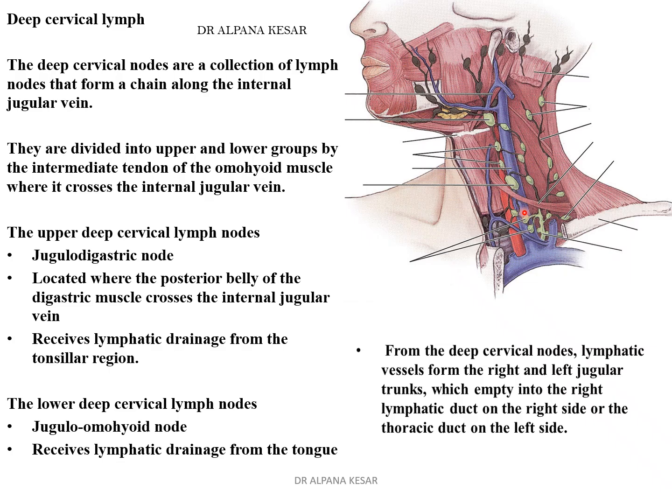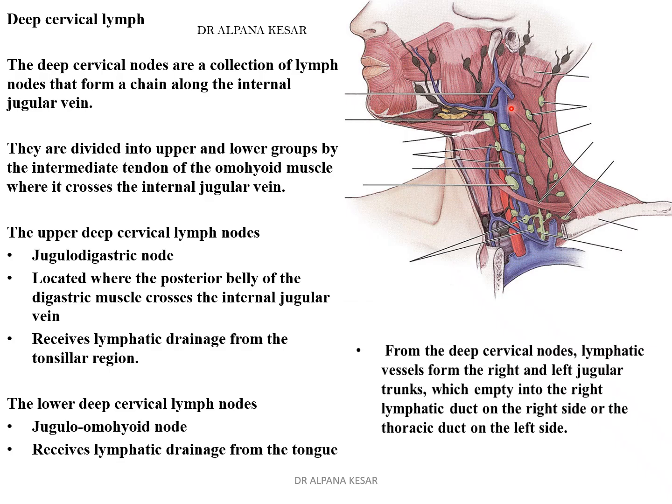The lower deep cervical lymph nodes are also known as jugulo-omohyoid lymph nodes, which are present along the internal jugular vein below the omohyoid muscle. They receive lymphatics from the tongue.